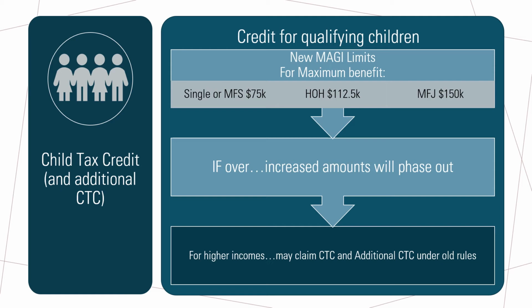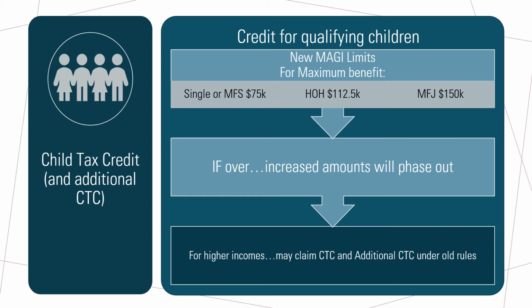TaxSlayer will calculate this credit for us, but it is important to have an idea of some of the phase-out thresholds, so that, if you are expecting to get the whole credit and you don't see it, you'll understand maybe, oh, it's because this person had just a little bit too high of modified adjusted gross income.